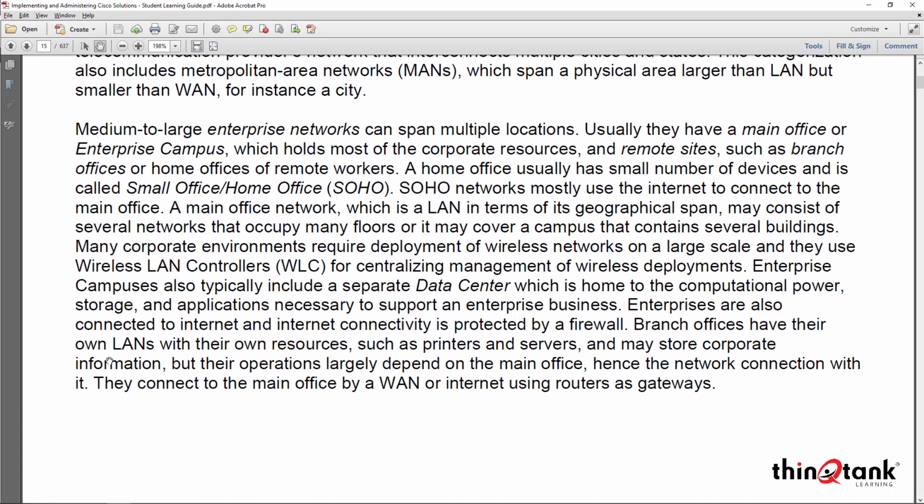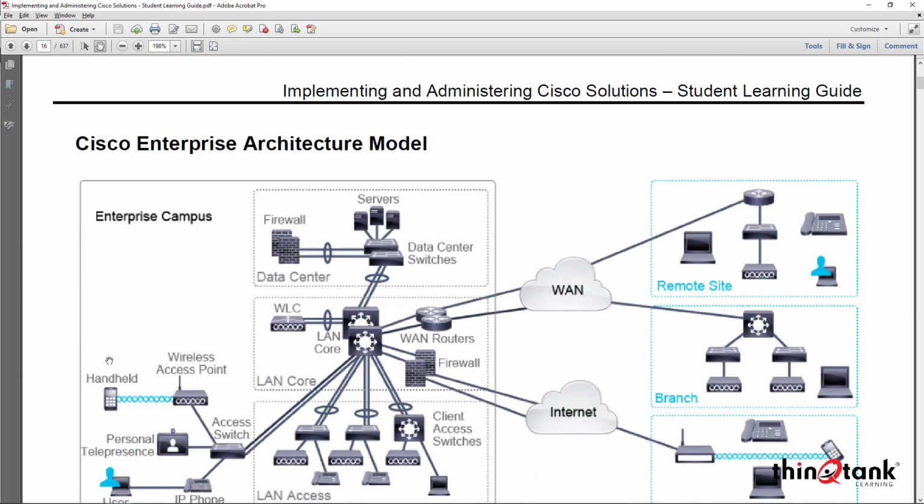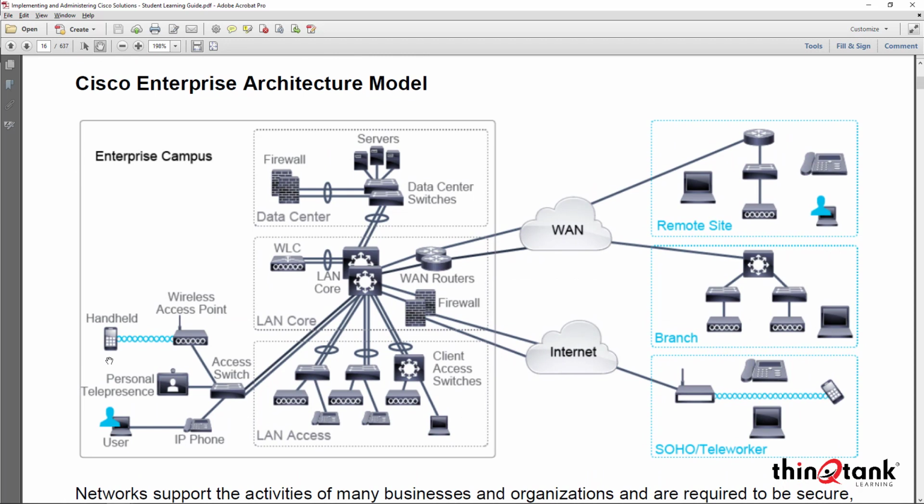As far as the components of a network, Cisco actually uses a model, and you'll see this quite a bit in a lot of their documentation, the enterprise campus model, right? Modular network design is nothing new. It's been around for a long time, and a lot of vendors do promote network design in this modular framework because what they like to do is define functions of the network or roles and responsibilities of the network based on its function within the enterprise.